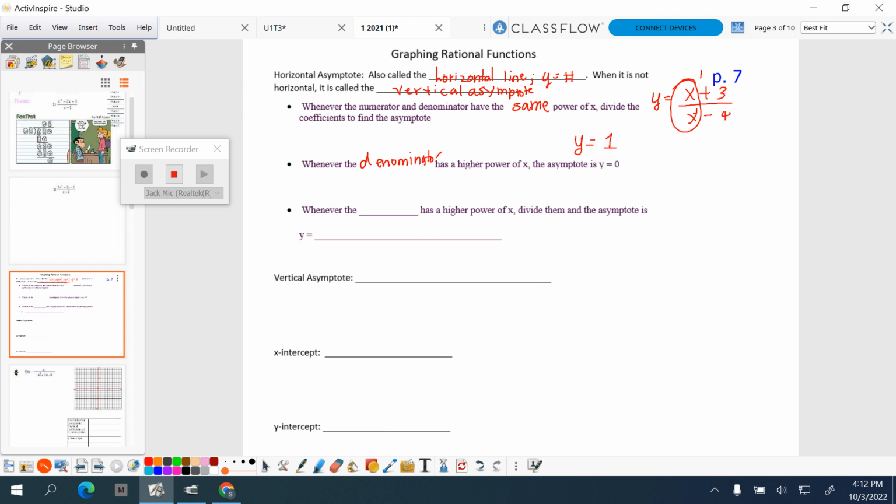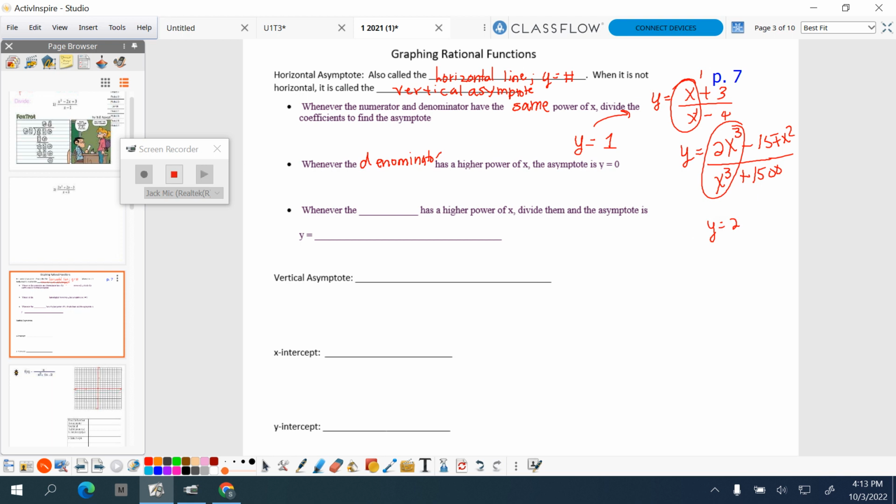Another example, let's say I have y equals 2x cubed minus 15 over x cubed plus 1500. Notice these numbers here don't matter, but those leading x terms do. If I had other x terms, x squared right here, wouldn't matter. I just really need those biggest power x terms. If I simplify here, y equals 2 would be my horizontal asymptote.